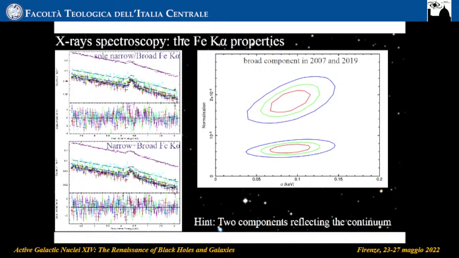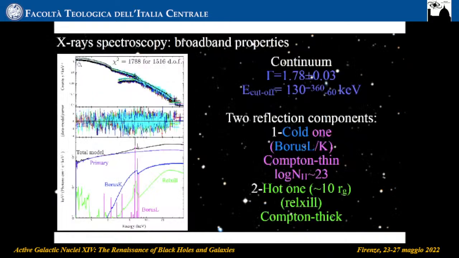So if you have a narrow core plus a broad component, you may expect the overall emission spectrum of this AGN to have a complex reflection. So we ended up using this model to model the 0.5 to 50, I guess, keV spectrum, so NuSTAR and XMM-Newton data.